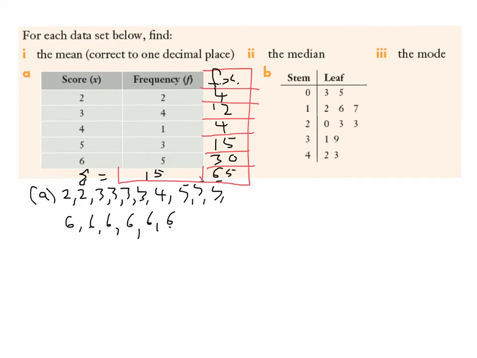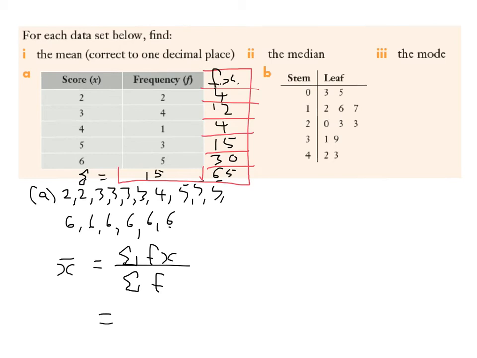Alright guys, so that's where my effort pretty much stops. I'm going to ask you now to get your calculator out and solve for me what the mean is equal to, and that's the symbol that we use for the mean, an x with a line on the top of it. Given that, the mean could also be calculated as sigma of fx, or the total of fx, divided by sigma of f, or the total of the frequencies.